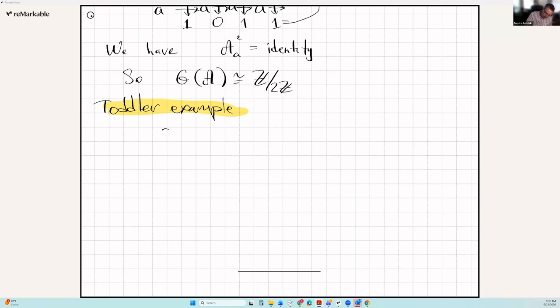So let's say we have an automaton with two states, tau and ID, right? And if you read 0, you output 1. If you read 1, you output 0, and then you go to the identity state, which does nothing. 0 goes to 0, 1 goes to 1. So of course, this is the identity state. So this defines the identity transformation.